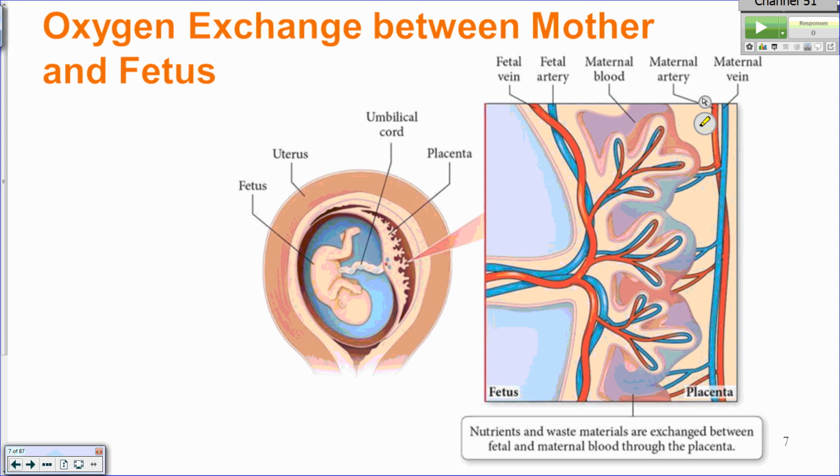It has to transfer the oxygen that's coming in from the mother's artery across a membrane and into the fetal artery. So the hemoglobin that the fetus has has to bind that oxygen and steal it from the mother's oxygen. For that to occur, it has to have a higher binding constant associated with it.